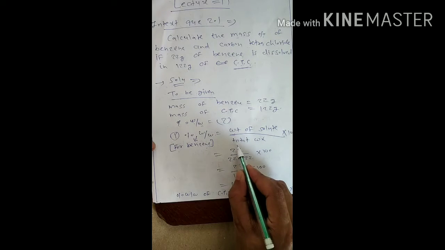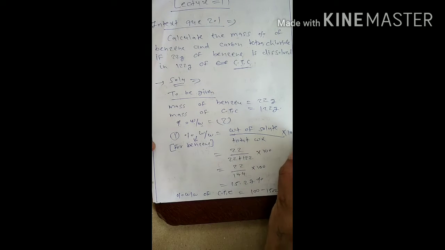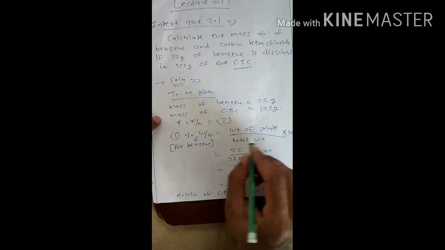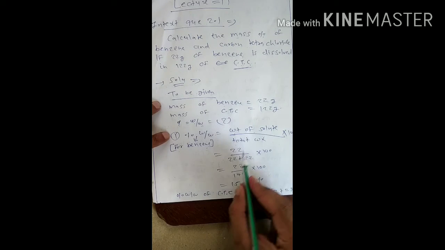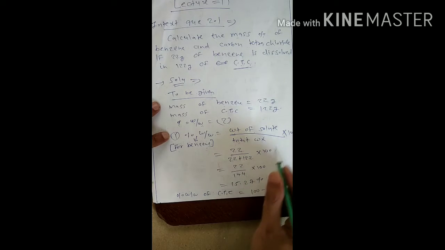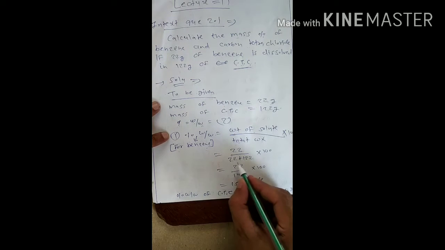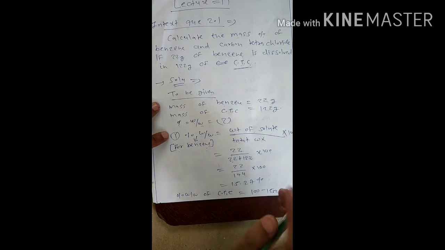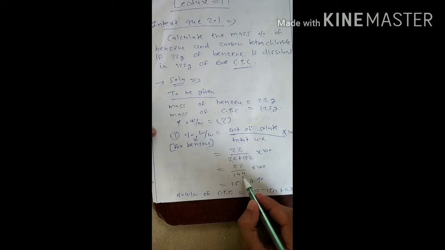Weight of solute divided by total weight into 100. What was the mass of benzene? 22 grams. So 22 I have written here, divide by total weight 22 plus 122, the total of both, write below, into 100. So 22 divided by 144 into 100.